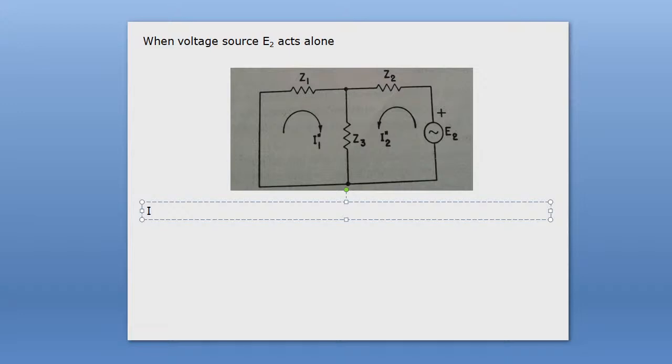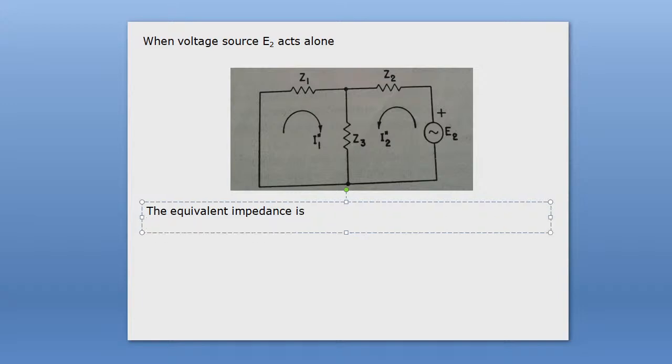So we can write this using KVL, Kirchhoff voltage law. You see Z2 is connected in series with the parallel combination of Z1 and Z3. Therefore the equivalent impedance, not resistance, impedance for this circuit is how much?